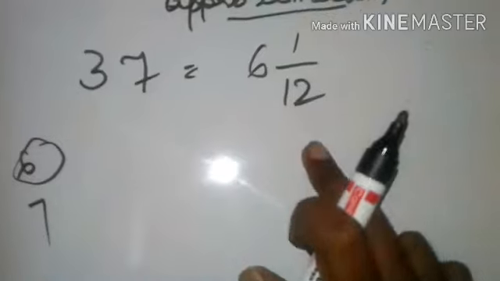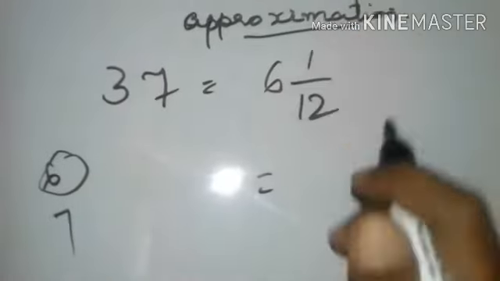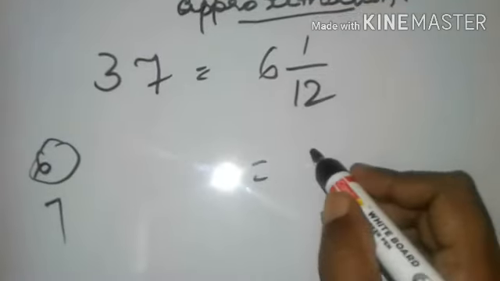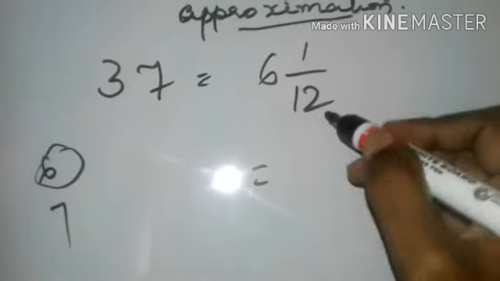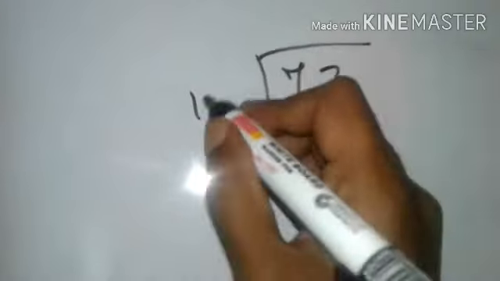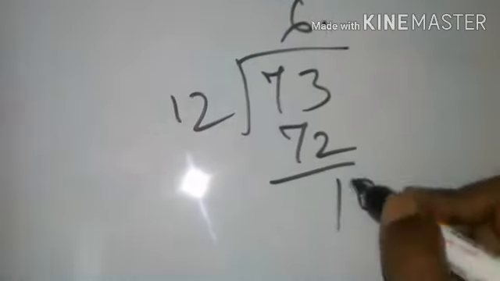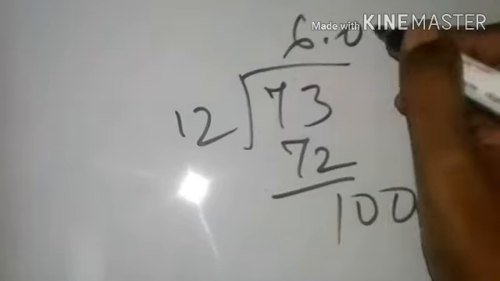So 1 by 12 you can find in decimal if you need the decimal, or just 12 into 6, 72, 72 plus 1, 73, and divide 73 by 12. Let's do it fast. 12 sixes are 72, 1 remainder, 0.0, 12 doesn't go there, 12 eights are 96, let the remainder be there.